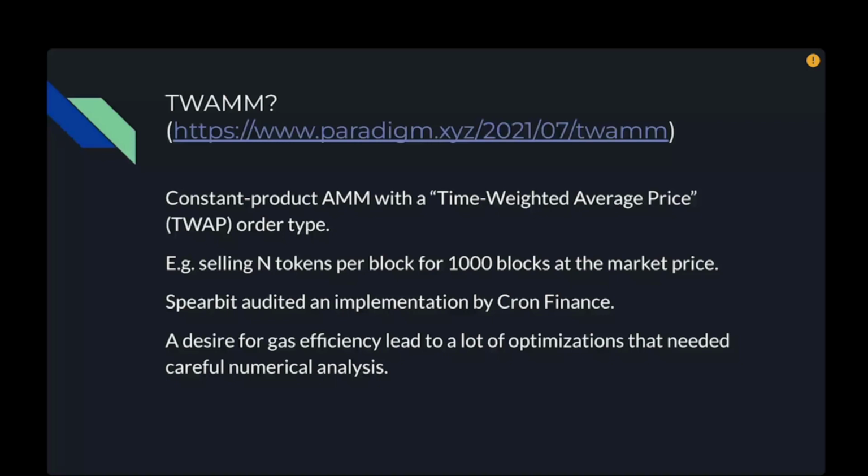All right. So Spearbit audited the Cron Finance implementation, and a recurring theme throughout this audit was a really strong desire for gas efficiency, but that led to a lot of optimizations that needed careful numerical analysis because, say, safe math was omitted, or we were using storage slot packing. I'll go through just a few different things.